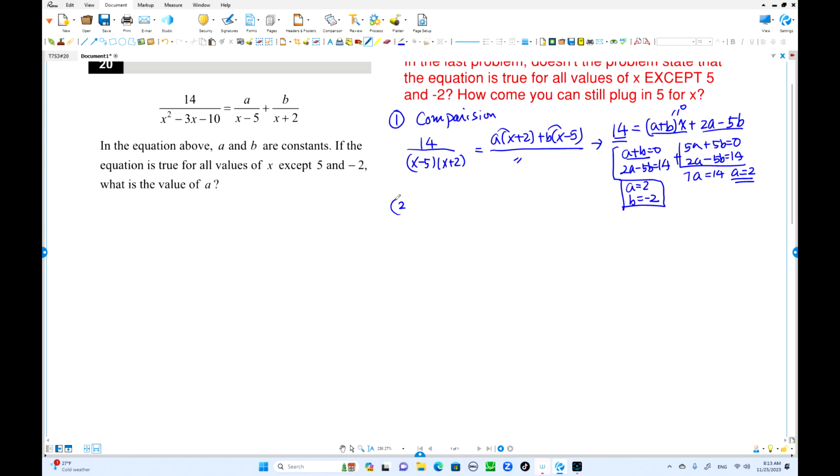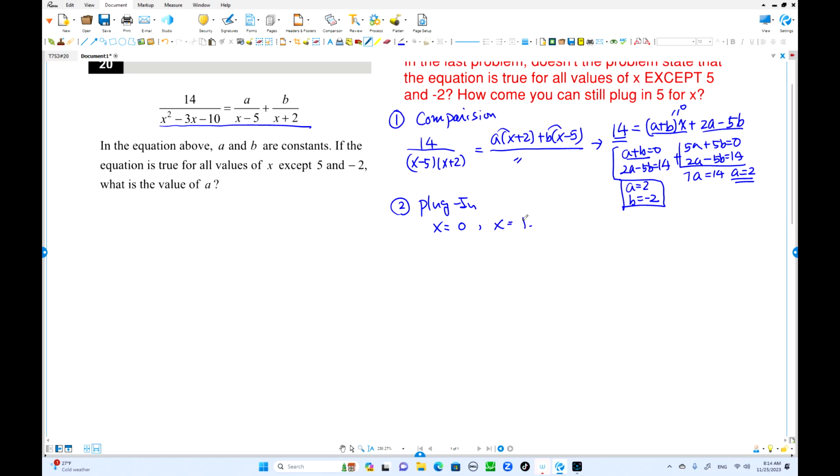Some other times we still can use the plug-in number method. This is the plug-in method. But this time on these questions, because we cannot use 5 and negative 2, you can use some other two numbers, x equals 0 or x equals 1.